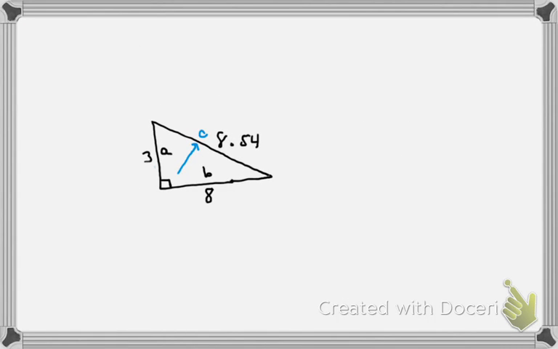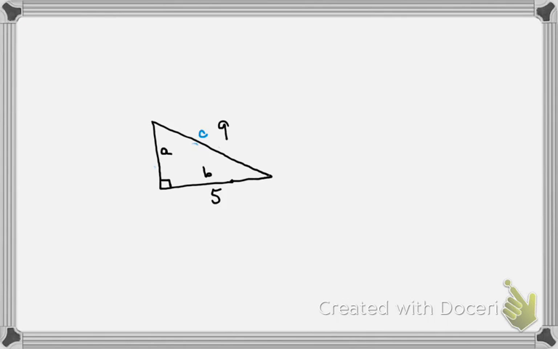All right, and I'm going to change a couple of things. We're going to just change the numbers. I'm just going to make some numbers up. Let's say that we make C, we'll change this to 9, and we'll make one of the legs 5. All right, so now we've got to find what A is.